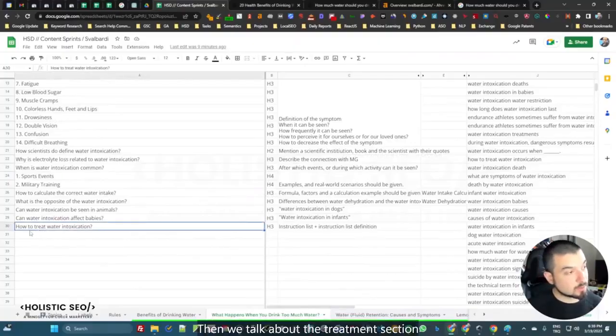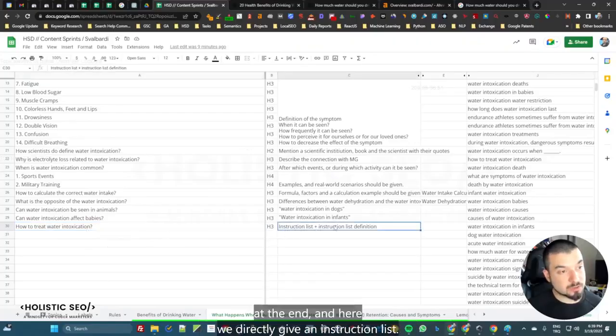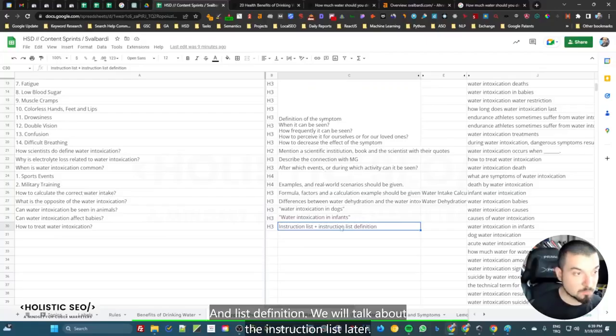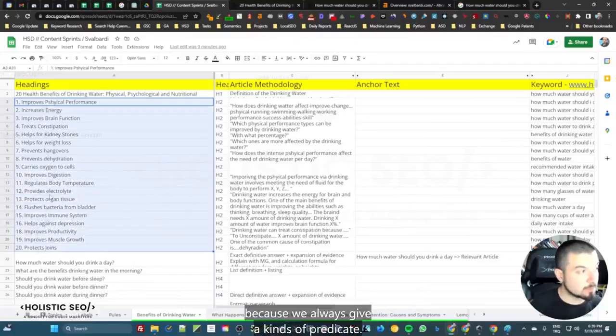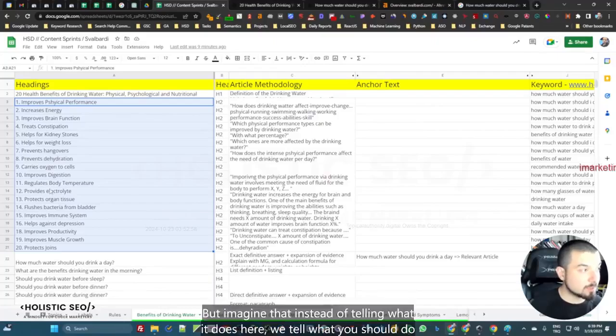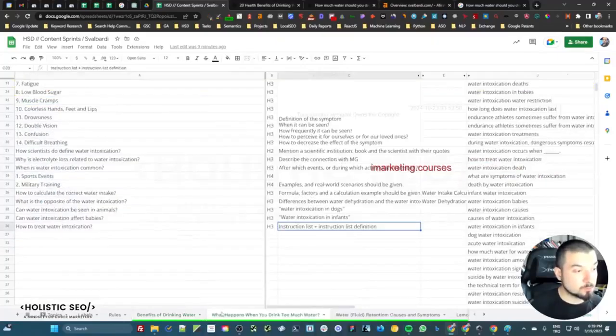Then we talk about the treatment section at the end, and here we directly give an instruction list and list definition. We will talk about instruction lists later, but basically the things that you see in these areas are an instruction list, because we always give a kind of predicate. But imagine that instead of telling what it does, here we tell what you should do.